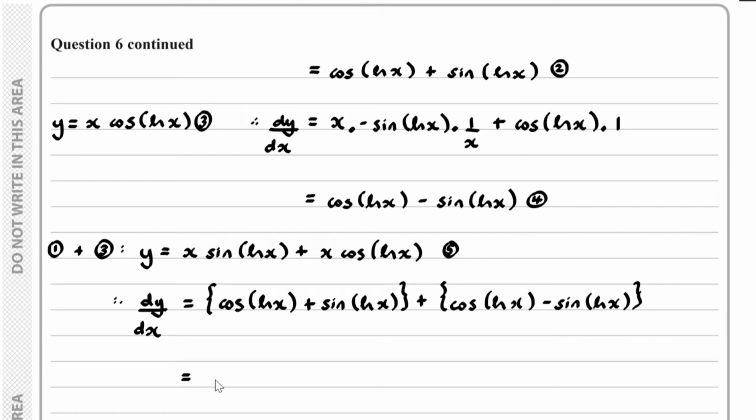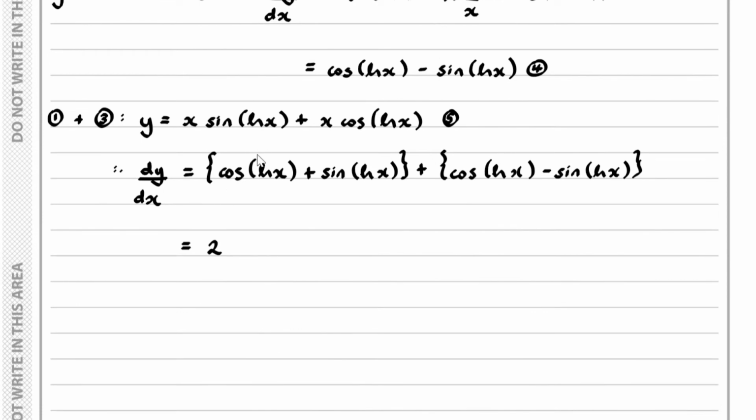And so what I end up with is 2 times the cosine of the natural log of x.